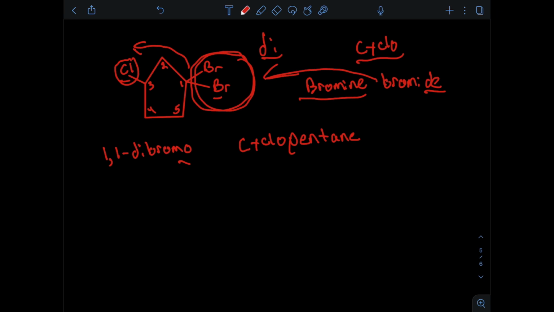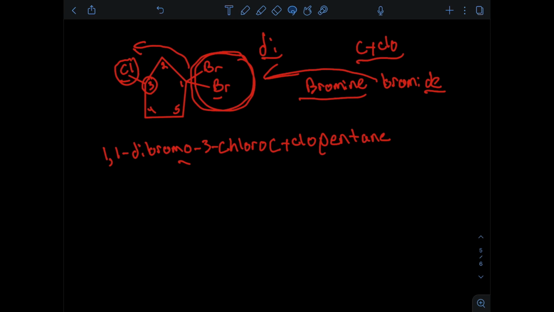So 1,1-dibromo, put a dash, and then locate that substituent, which is on the 3rd carbon. So that would be 3-chloro. Then we have to bring this over here like this. Cyclopentane. So we have 1,1-dibromo-3-chlorocyclopentane, and all that goes together like this.